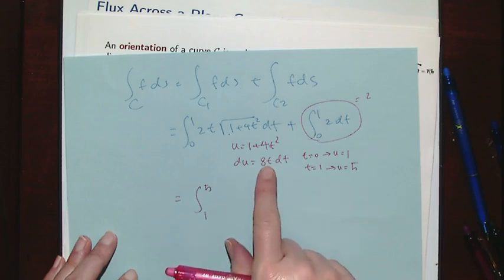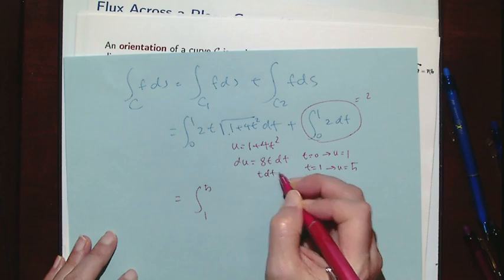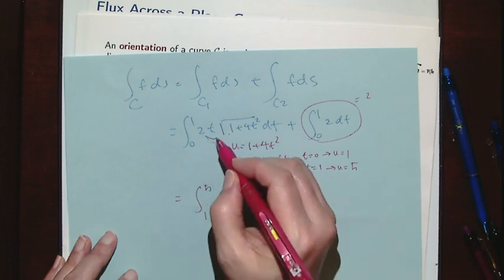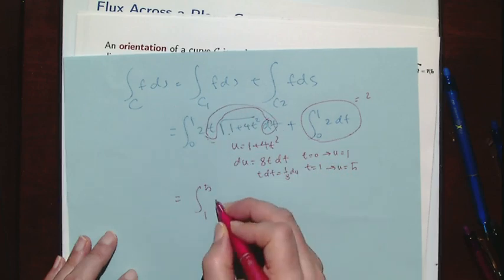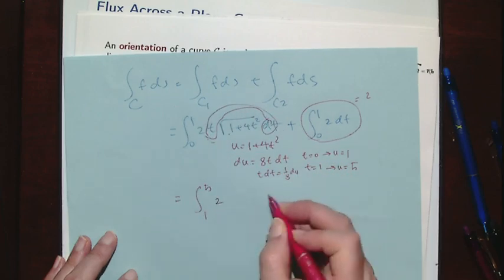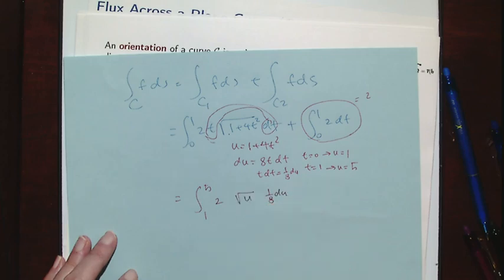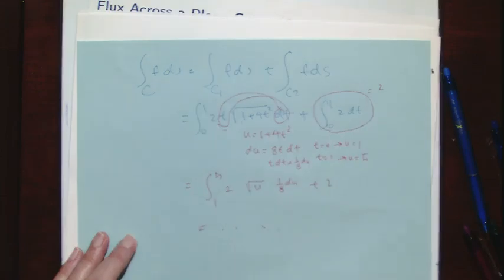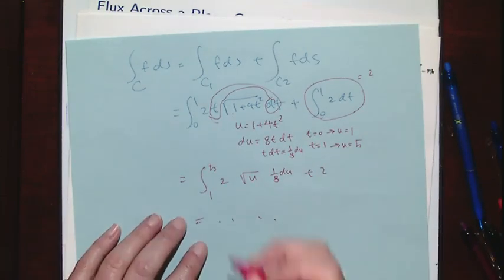And 8t dt, so t dt is equal to 1/8 of du. So 2 times 1/8 of du times square root of u. Agreed? Plus 2. And then I'll let you do the rest of the integral. No? Okay.